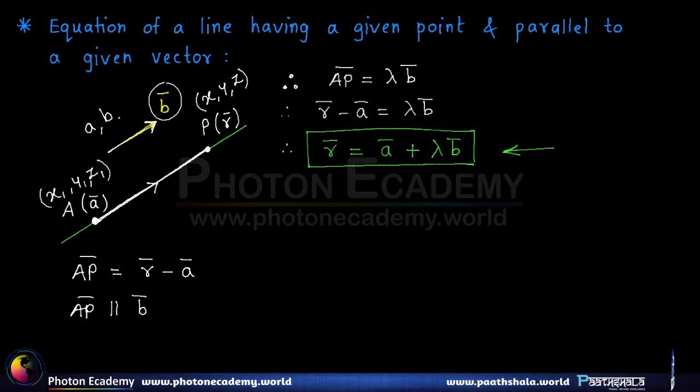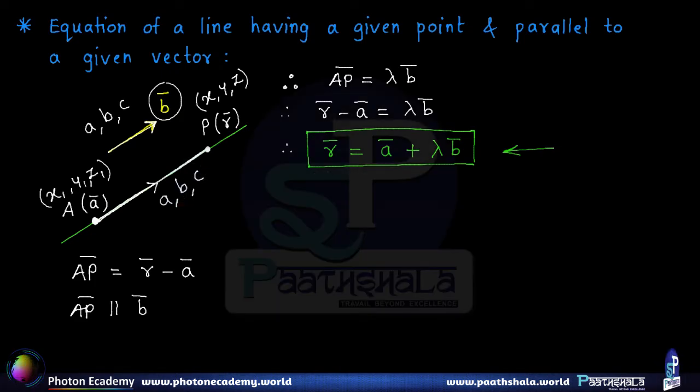Okay? So basically since we know b bar, ultimately we know its direction ratios also. And the same direction ratios will be of the line also because the line is parallel to the b bar, correct?